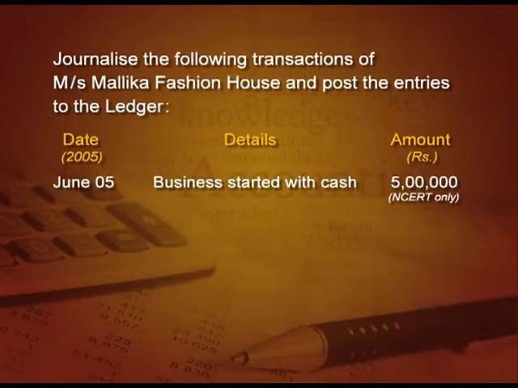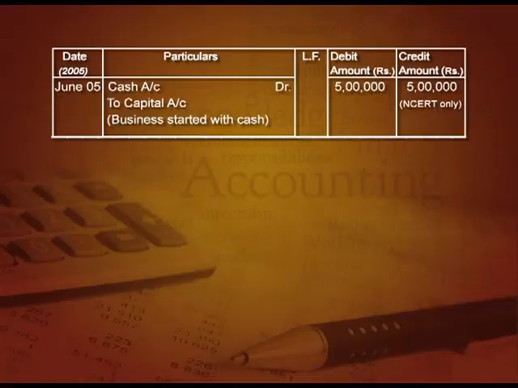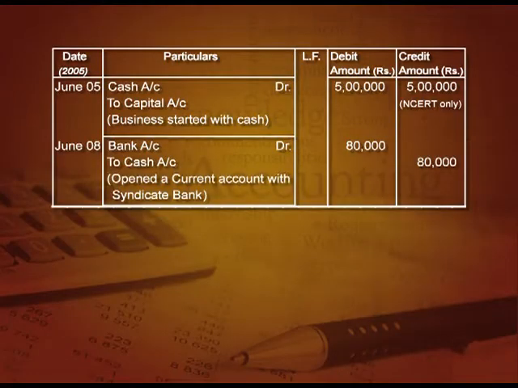Let us see the next entry. Opened a bank account with Syndicate Bank for 80,000. Now, I am depositing cash in Syndicate Bank. So, my bank account debit and cash account credit.